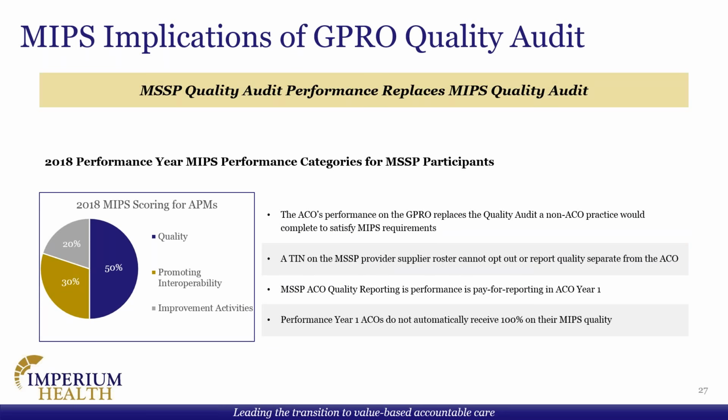The MIPS score is driven by the ACO's performance on quality and promoting interoperability, that replacement of meaningful use. All ACO participants are given an automatic full credit for the improvement activities. And participants in a Medicare Shared Savings ACO get a pass, or the cost component is excluded for MIPS reporting.